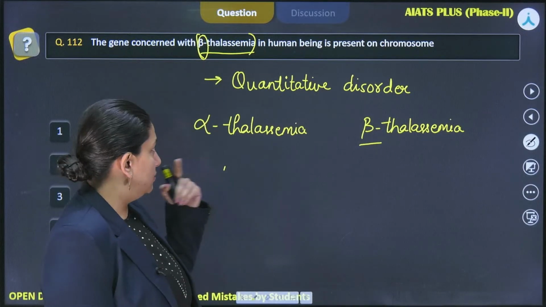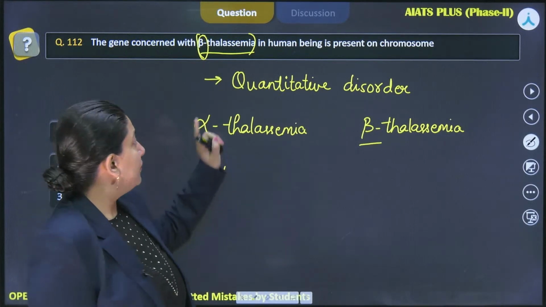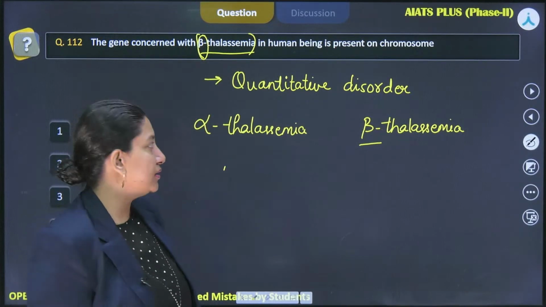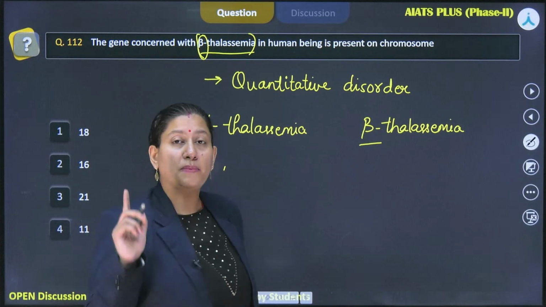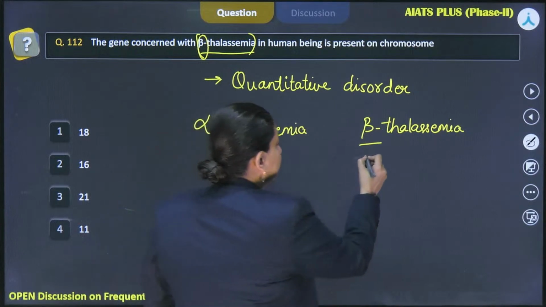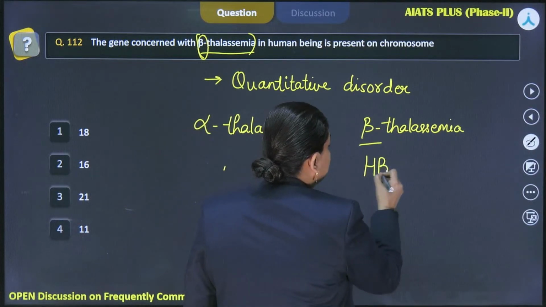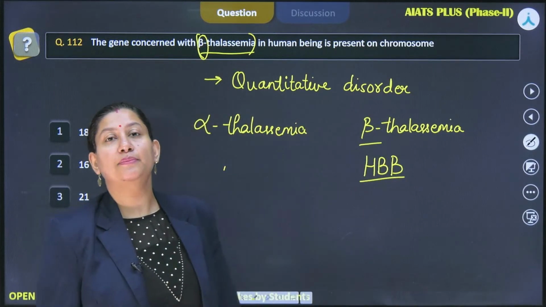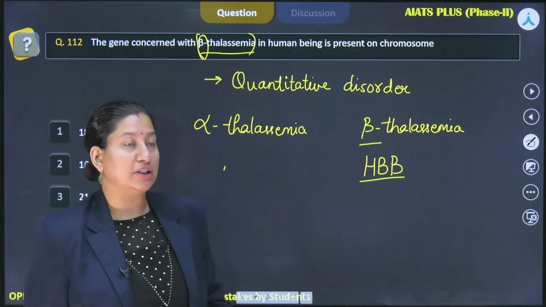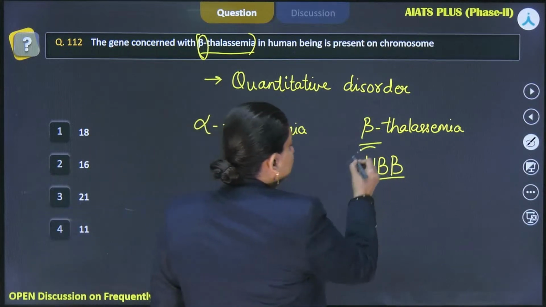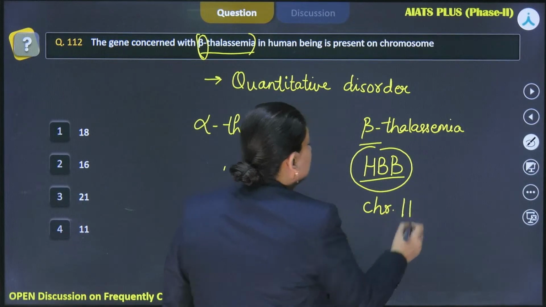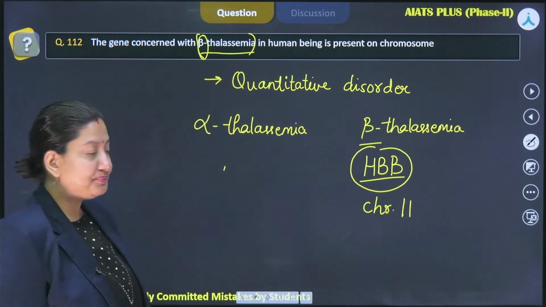Okay, so moving ahead, when we are talking about beta-thalassemia, there is reduced synthesis and it is controlled by a single gene, that is HBB. Because of certain mutation in it, there is a reduced synthesis of beta chains. And this particular gene is present on chromosome number 11, right?